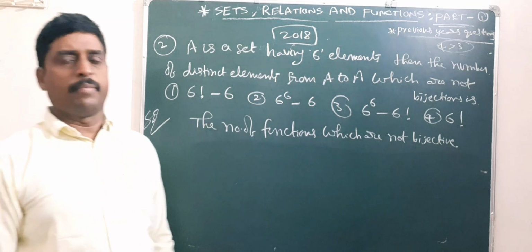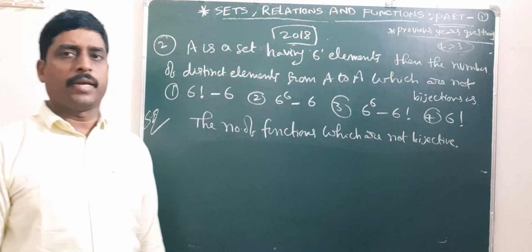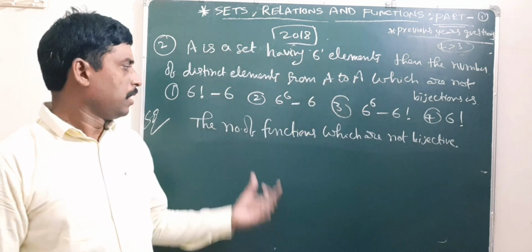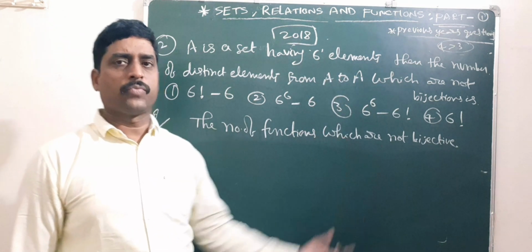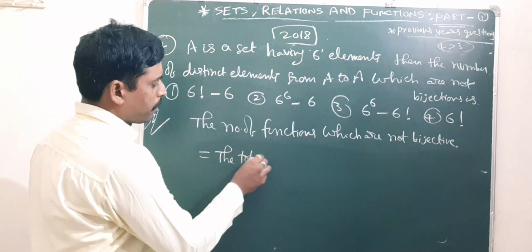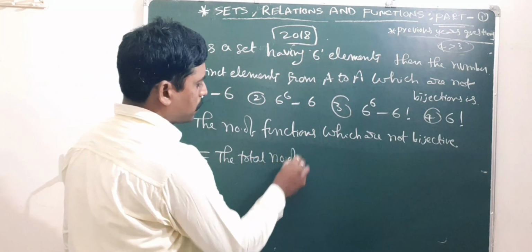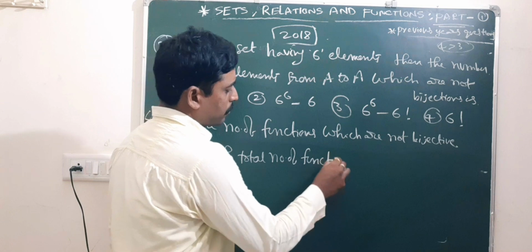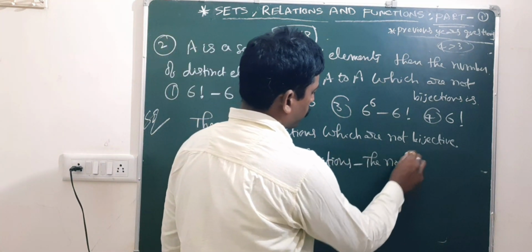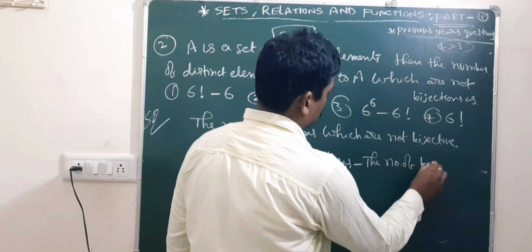The next problem. A has 6 elements. The number of non-bijective functions from A to A is required. For the number of non-bijective functions, the formula is the total number of functions minus the number of bijective functions.